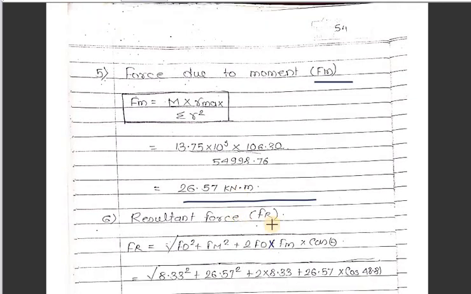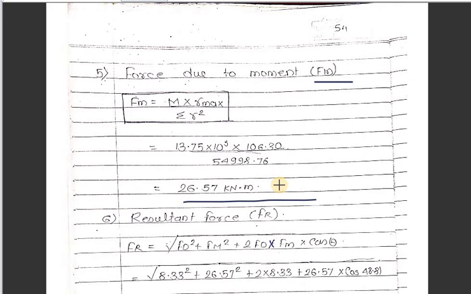Again, the resultant force of all these 6 bolts. We have calculated the individual force taken by each bolt, and we have calculated the moment on each bolt. Then lastly, we have to calculate the resultant of all 6 bolts.